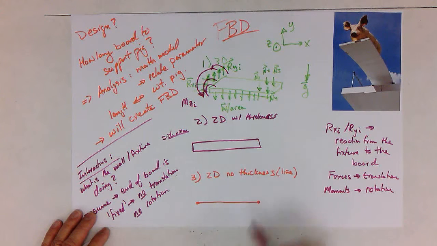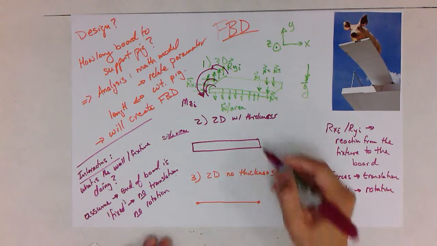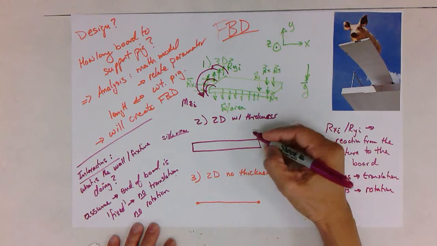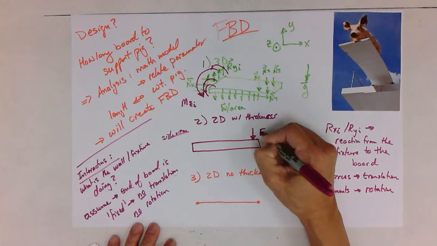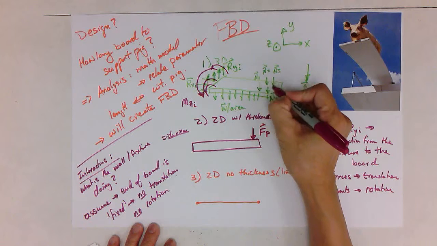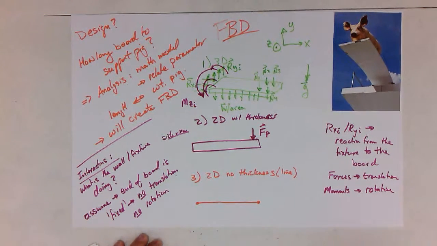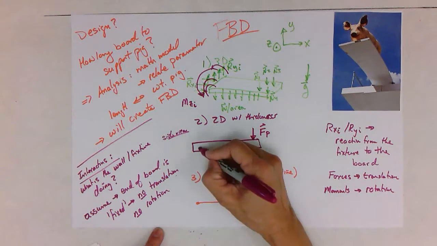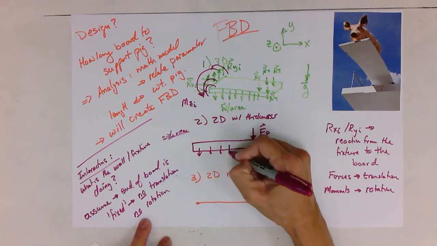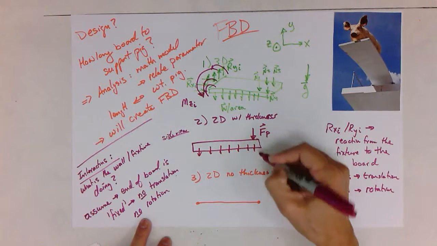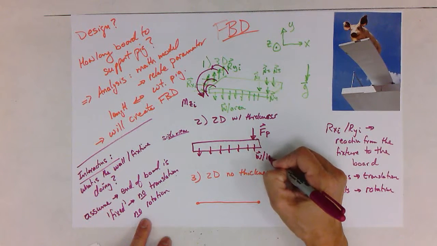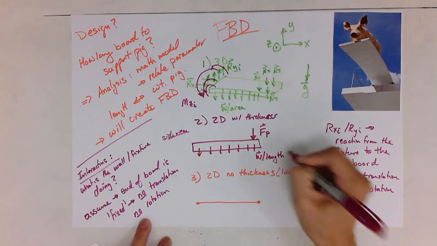So on our two-dimensional system, we have similar things. In this case, I'm going to make a simplification here. I'm going to call force of pig just one. I'm going to lump these all together. So lumping means I'm just going to group them together as one force using our principle of equivalent forces. I'm going to represent the weight here per unit length this time because I'm in 2 dimensions.